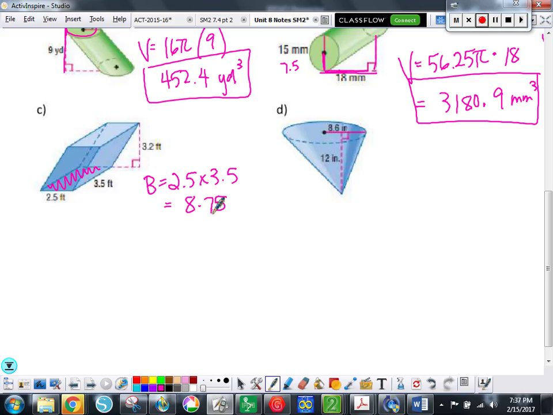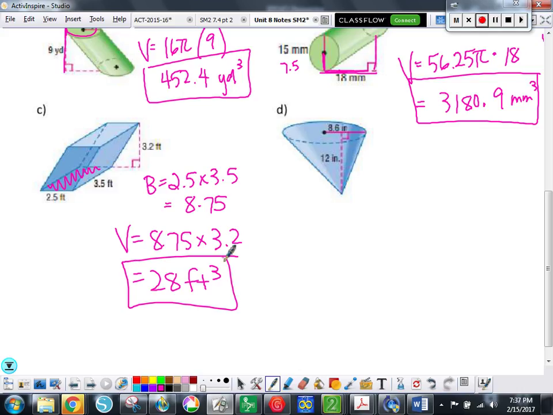Volume formula is the base area times the height. Interesting, you get a whole volume. So 28 feet cubed.